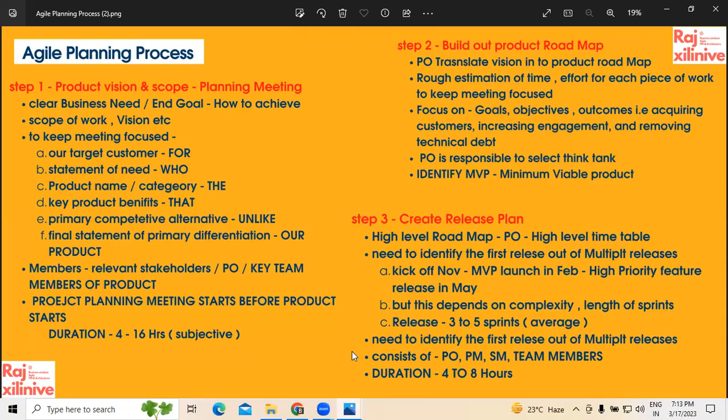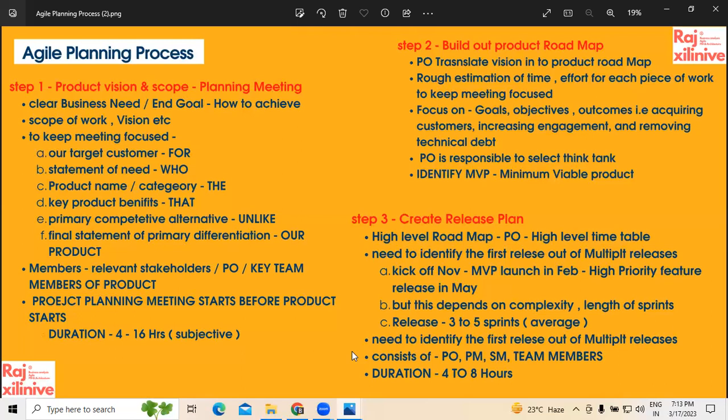So when we are comparing the agile planning process from traditional to agile, this is how it is. I'm going to explain this in tomorrow's session: agile project management, how the agile project management planning will take place, and how it will be done. What is product vision and scope? I'll take an example.